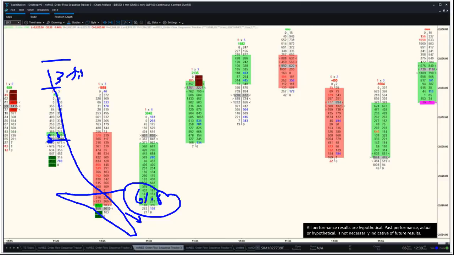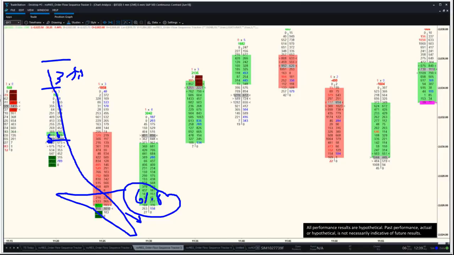Now, how many of you have parked an order at the 61.8 fib and then got run over? And the answer is everybody's gotten run over at a fib level. Fibs are great. They work a lot of the time, but not all the time.